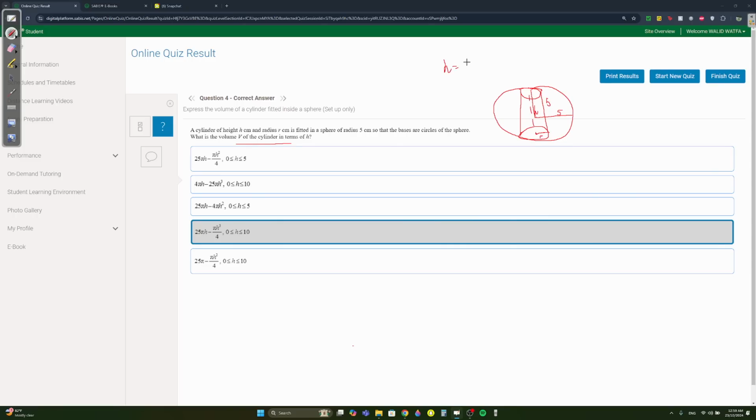Isn't h equal to 2 times the radius of the sphere? So it's 2 times 5. So it's 2 times 10. But I might be confused. Wait, hold up. No, wait, ignore what I just said. No, because my drawing is kind of weird. Let me draw it a bit better. Like this.